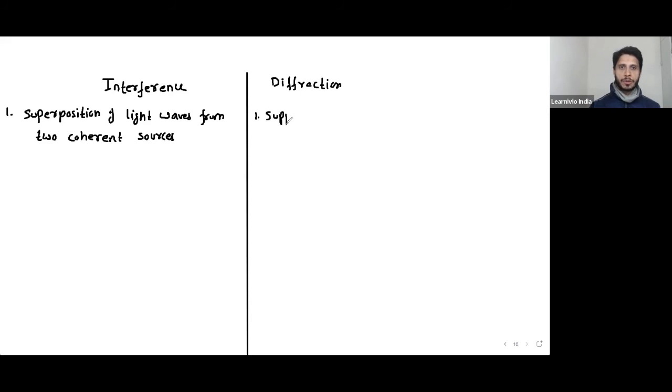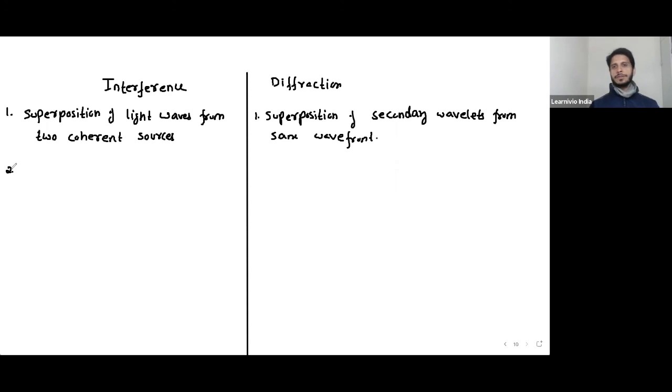So this is superposition of secondary wavelets from same wavefront. So that is the first difference.